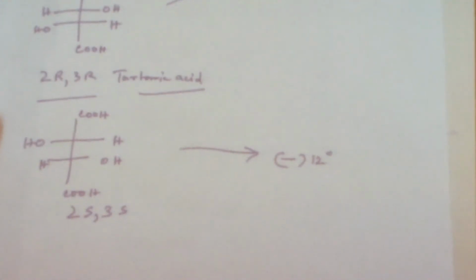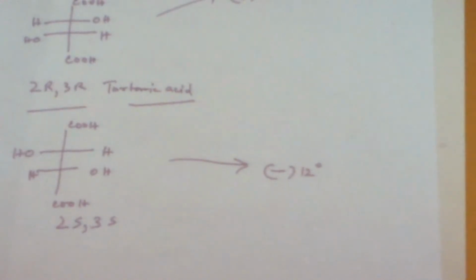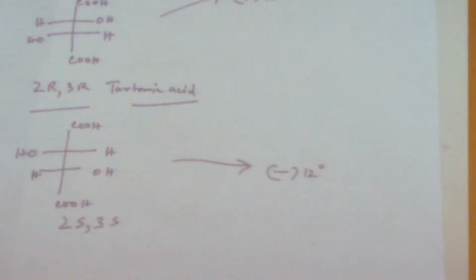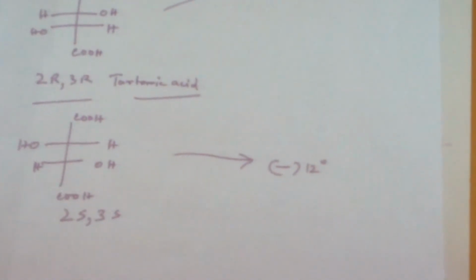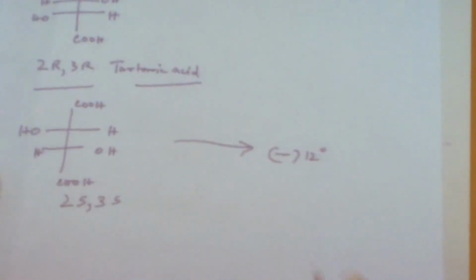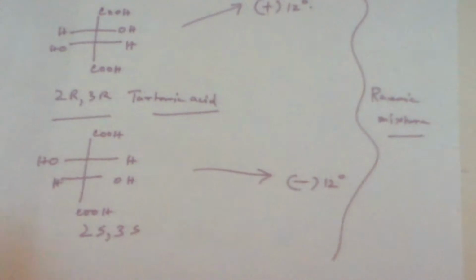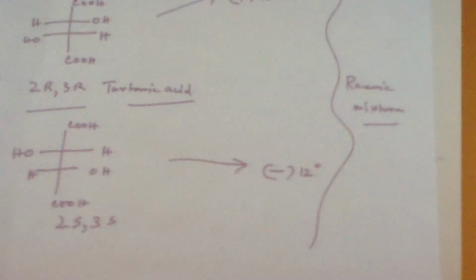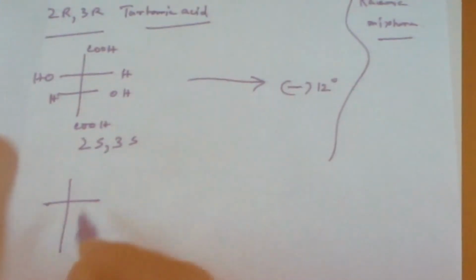That gives you a minus 12 degree rotation. He also found some of them that kind of mix together, but there is no net rotation. And he correctly figured that they are actually mixtures of the plus and the minus tartaric acid, and that's why they give you a racemic mixture also. And of course, it also has a meso isomer, the one that has no optical activity.